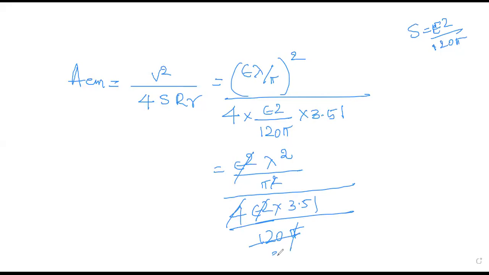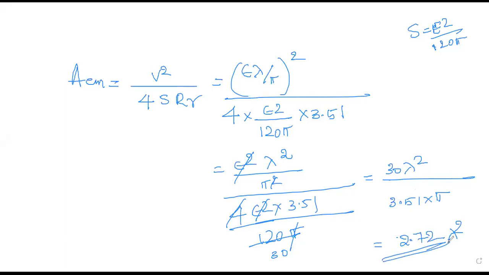This will be 4 into 30, so if you simplify this, it is 30 lambda square divided by 3.51 into pi. The value of lambda is not given, so keep it as lambda only. Just substitute, simplify 30 by 3.51 into pi. 2.72 lambda square.